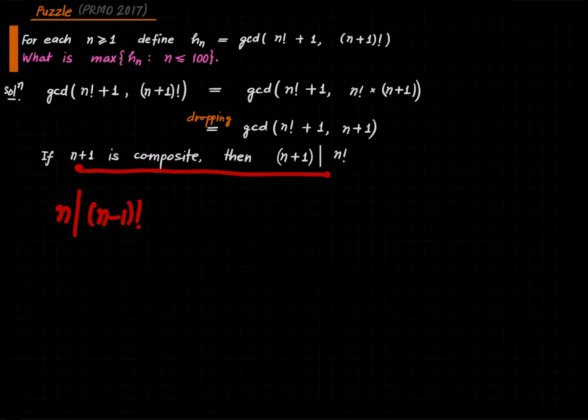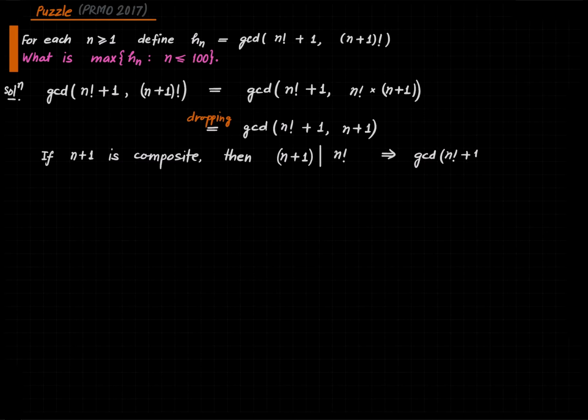Exactly the same thing we are using, instead of n, we have n plus 1. So we have this, and therefore the GCD of n factorial plus 1 and n plus 1 would be 1. Because n plus 1 divides n factorial, assuming it is composite, this GCD is 1. So the only interesting or non-trivial GCDs will occur possibly when n plus 1 is prime.